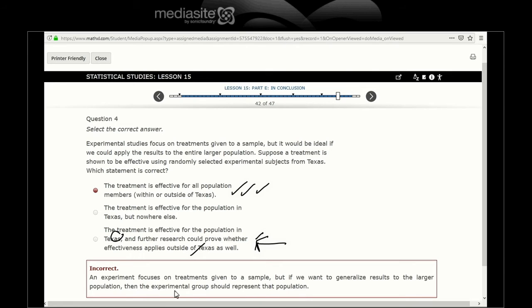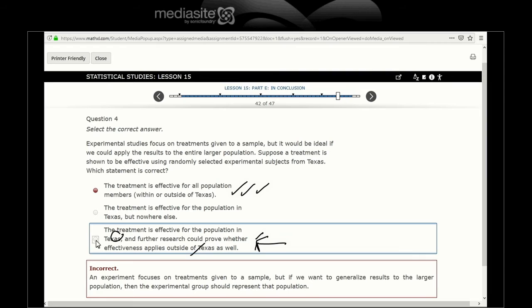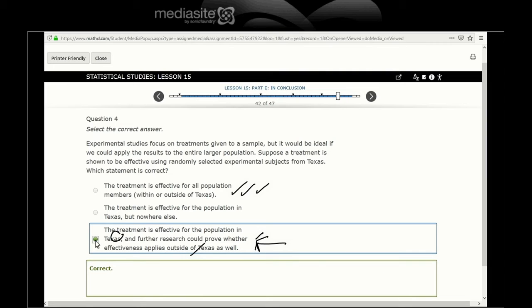And if we really wanted this experimental study to focus on not just Texas, we should have had a representative sampling of test subjects that would have immediately proven it was also effective outside of Texas.